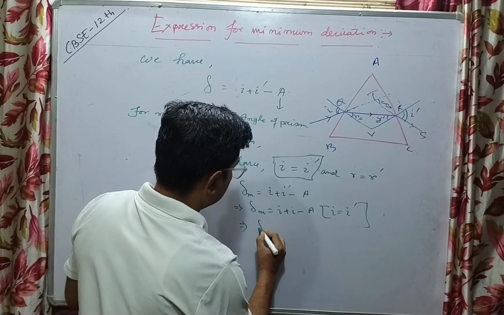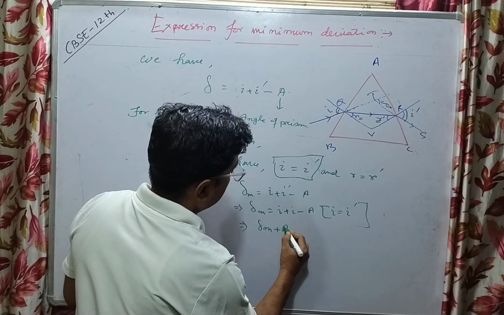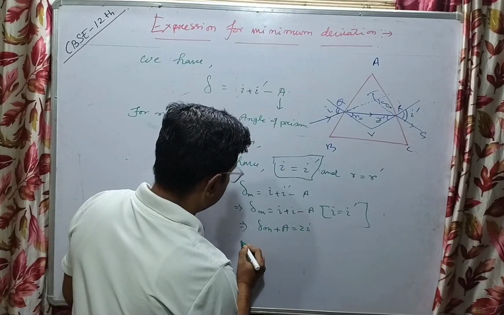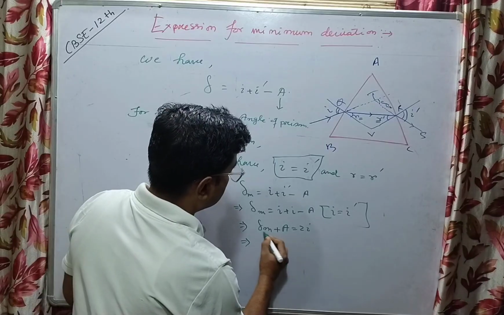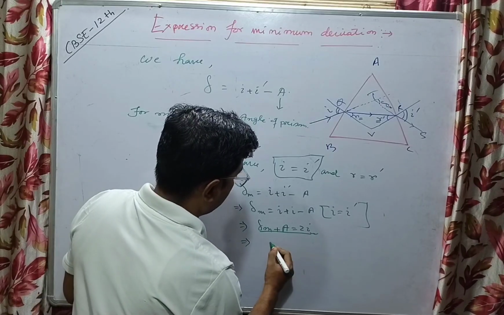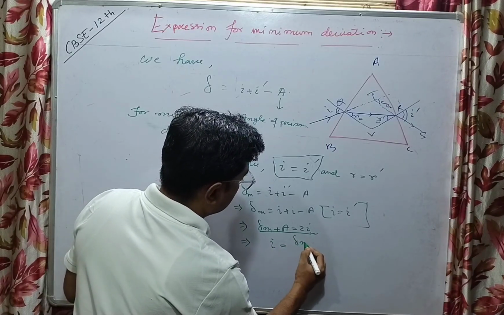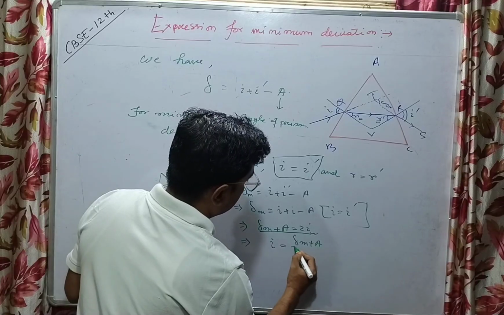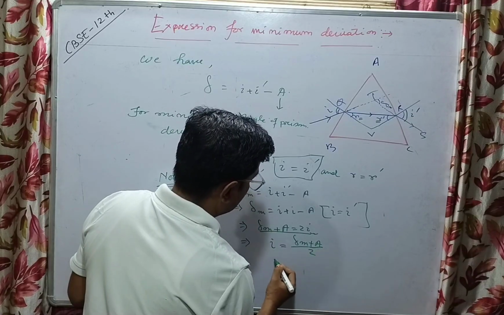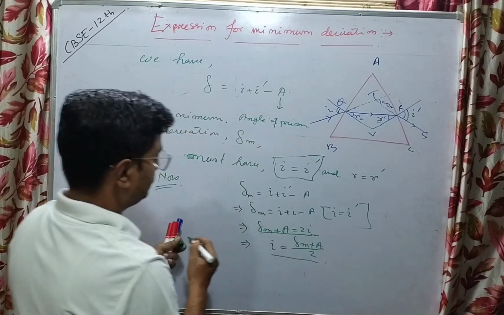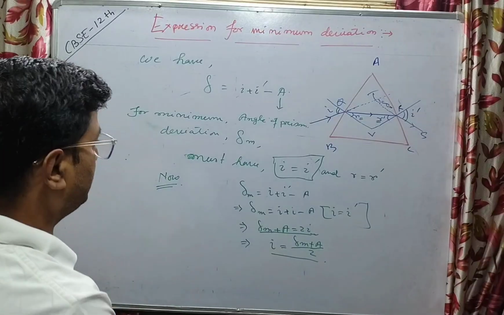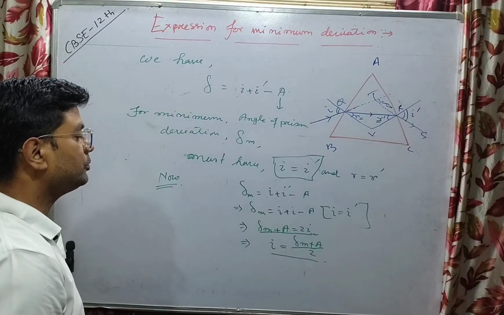Delta m plus A is equal to twice I. From this, I can obtain the value of I: I is equal to (delta m plus A) by 2. This is important.